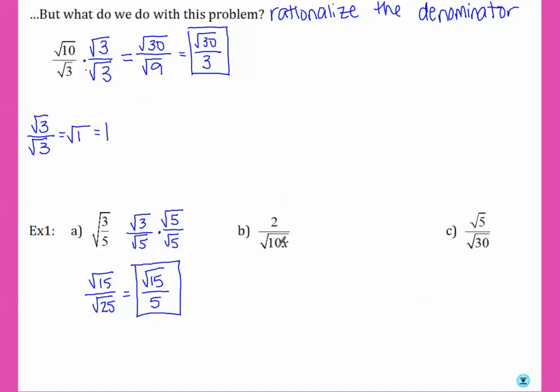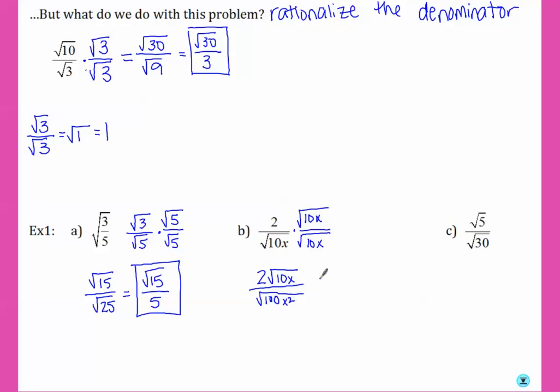So the next example, we have the square root of 10x on the bottom, so we're going to multiply top and bottom by the square root of 10x. The 2 does not have a radical, so it's just going to stay out front. Square root of 10x over the square root of 10 times 10 is 100. X times x is x squared.